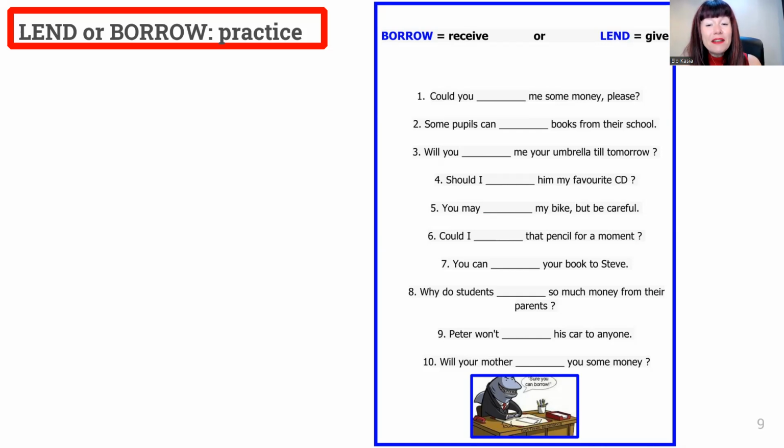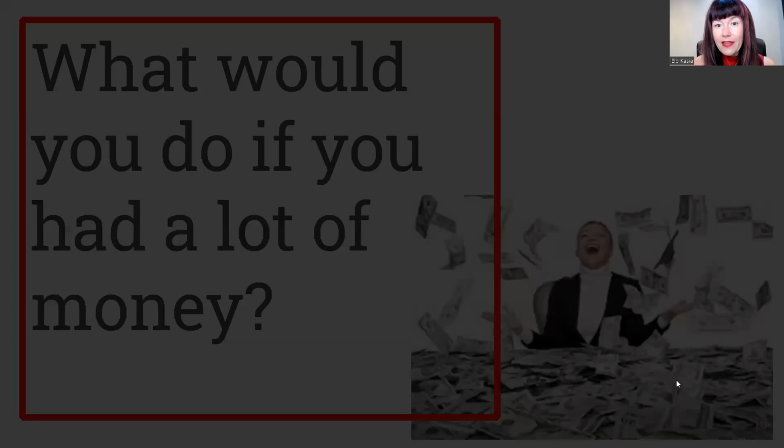Okay. And number 9, Peter won't what his car to anyone. And I think that's very understandable. Peter won't lend, so he won't give his car to anyone. Perfect. And then will your mother what you some money? Borrow or lend? That's right. Will your mother lend you some money? Okay. I hope that borrow and lend are much clearer now.